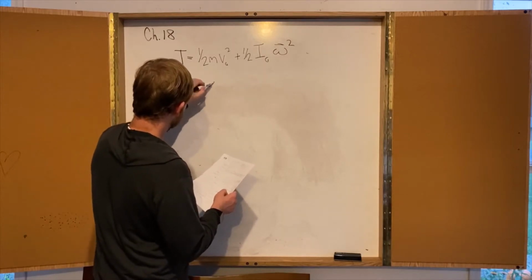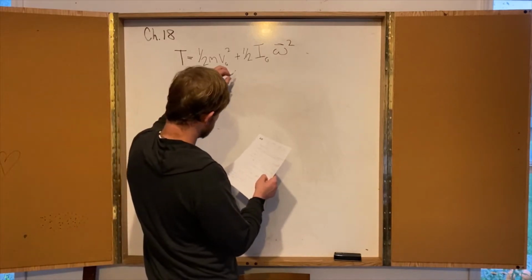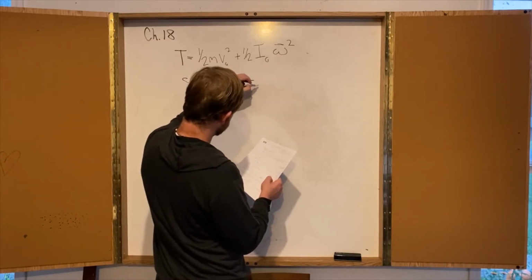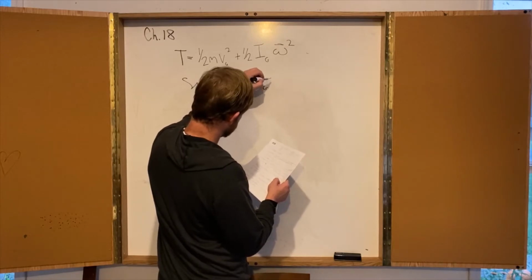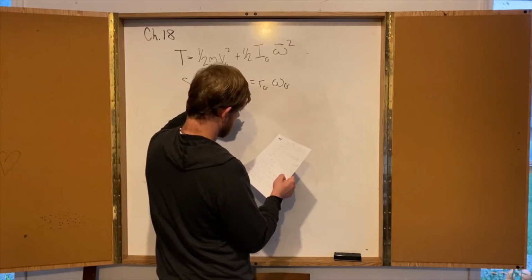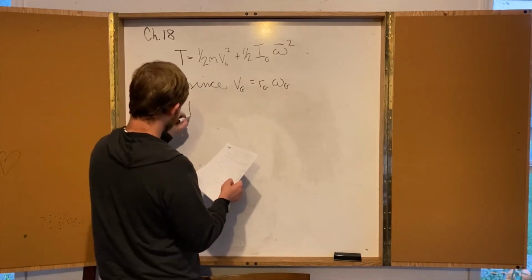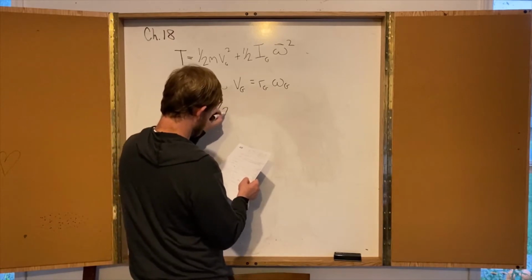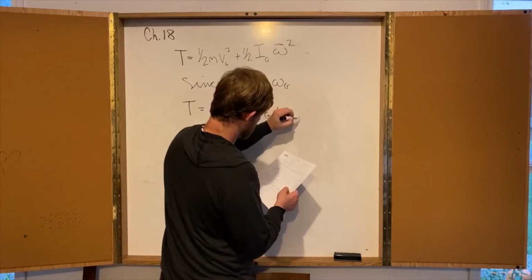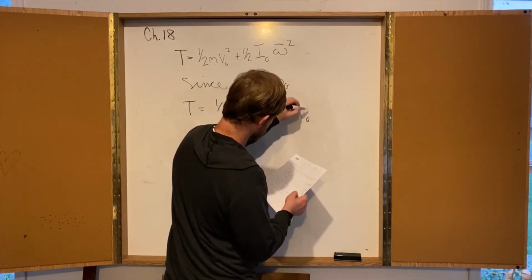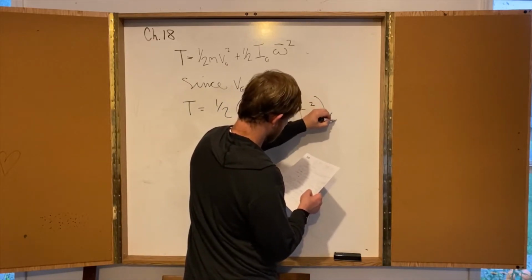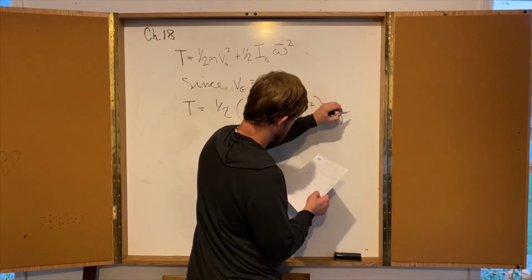Since the velocity of G equals the radius about G times the angular velocity, we can deduce that T equals 1/2 the inertia about G plus the mass times the radius of gyration about G squared, times the angular velocity squared.